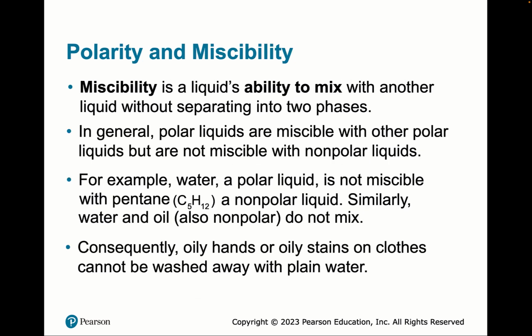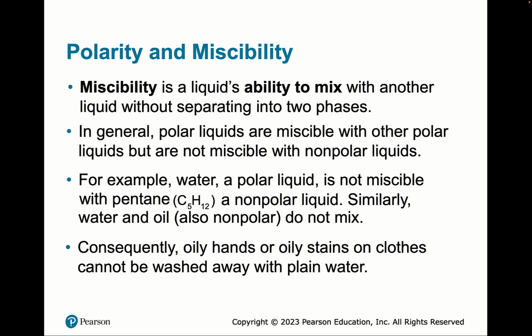So how does this work with miscibility? We covered this a little bit before. Miscibility is the ability to mix. Generally speaking, polar liquids will mix with other polar liquids, and nonpolar will mix with other nonpolar. And generally speaking, polar tends not to mix with nonpolar, and vice versa. There are a few exceptions, though. Actually, ethyl alcohol, ethanol, will mix with both water and things like gasoline.